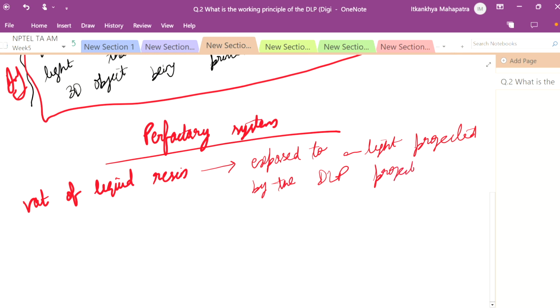The digital light mask displayed by the DLP projector creates a specific light pattern that corresponds to the cross-section of the 3D object's current layer. This pattern of light causes the resin to solidify or polymerize, forming the layer of the object. The projector can quickly switch between different layers, allowing for the sequential creation of each layer of the 3D object.